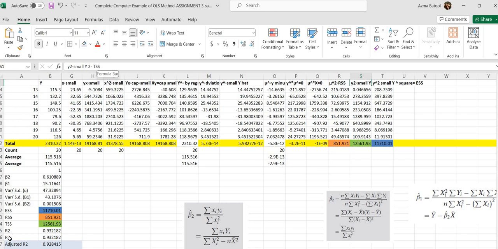You will have to calculate all these sums yourself. And R square is explained sum of square over total sum of square, the ratio of the two. R square is also 1 minus residual sum of square over total sum of square. This is the second formula for R square.